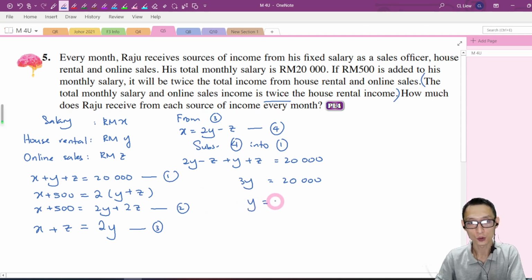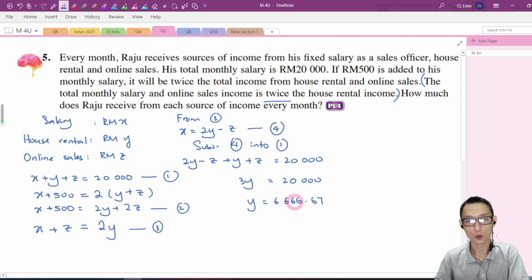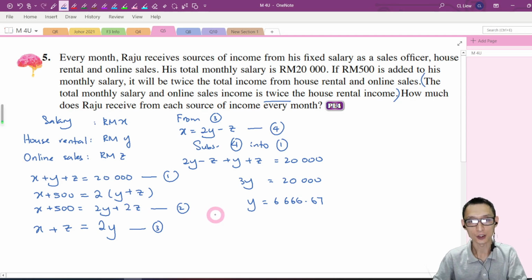So y is equal to 6,666.67 ringgit. This is the value of y. Now I'm going to bring the value of y equal to 6,666.67 into the second equation.